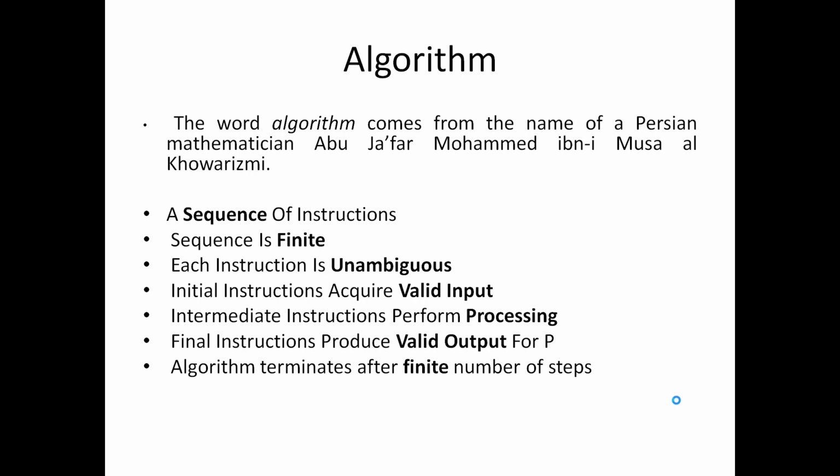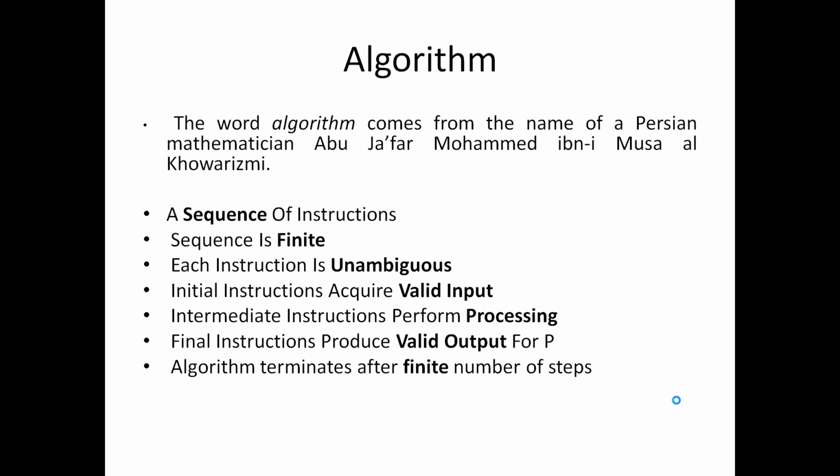To the algorithm, we should give zero or more inputs. And these zero or more inputs are very valid in nature. Why am I saying zero or more inputs? Sometimes the input can be specified as an implicit input. It need not be supplied as an external input.